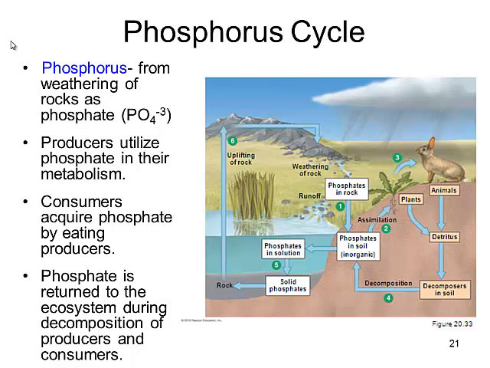Producers utilize the phosphate in their metabolism. So who's a producer? Plants. Consumers acquire phosphate by doing what? Eating the producers. Phosphates return to the ecosystem during what? Decomposition of the producer that ate it in the first place.